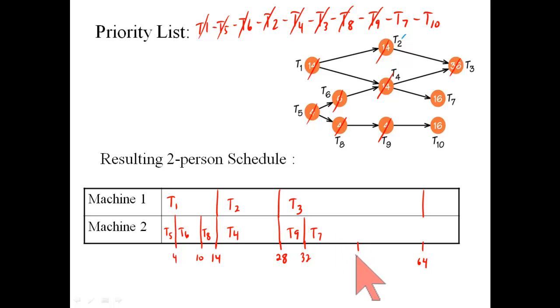It's a 16-minute job. And then task 10 is also a 16-minute job. So actually they will finish at the same time at time 64 and the entire job will be completed. And so this is the completion time.